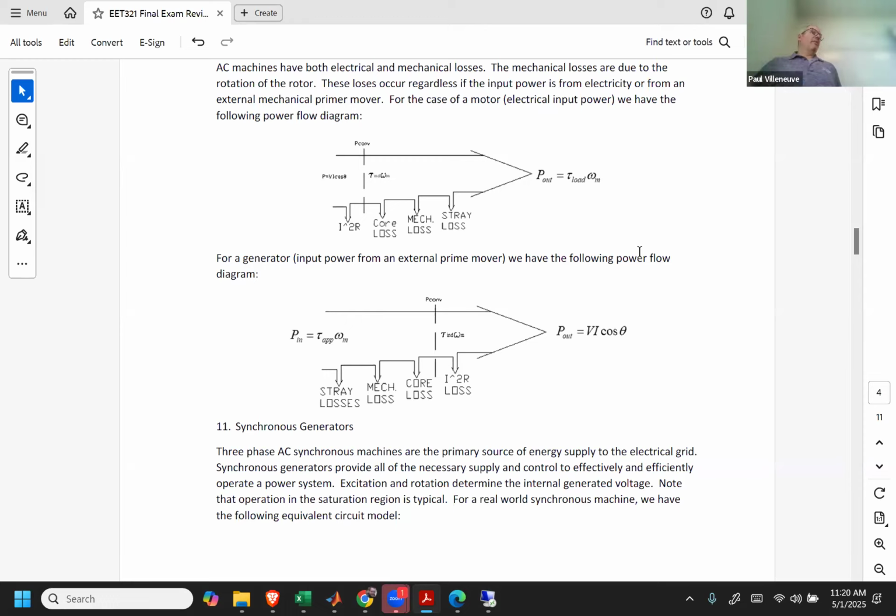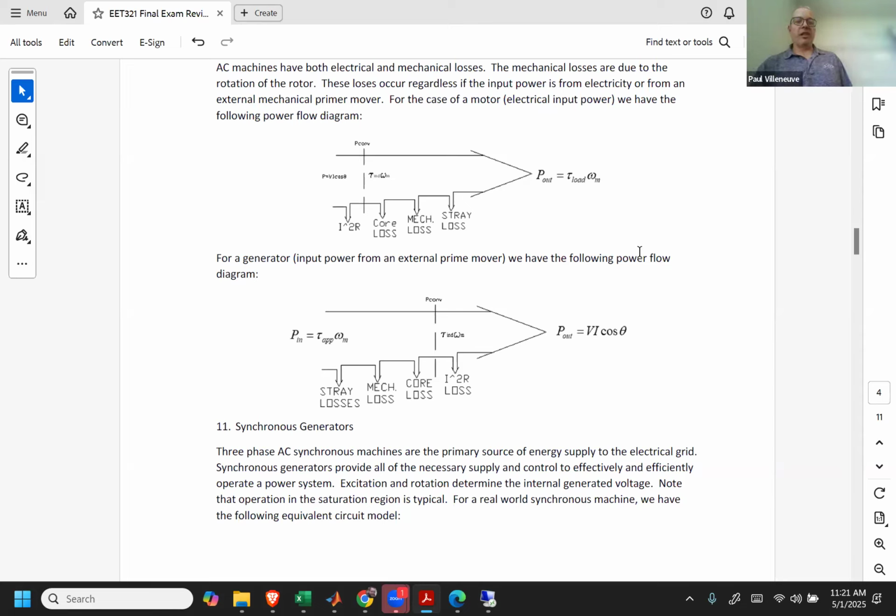Then we also talked about power being converted. So it depends on the application, but sometimes our power gets converted. It could be developed power or converted power. Usually converted power means, from an AC machine's perspective, it's converted from one side, if you will, let's say it's called the primary winding, into the rotor circuit.